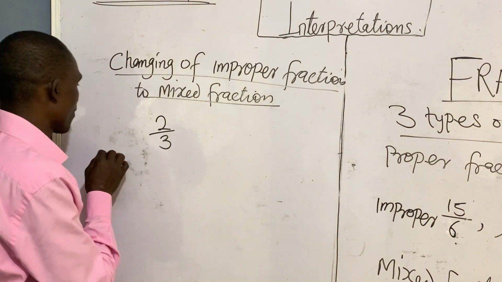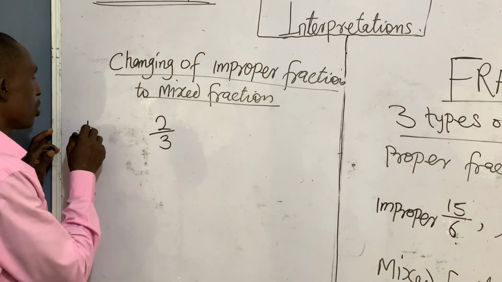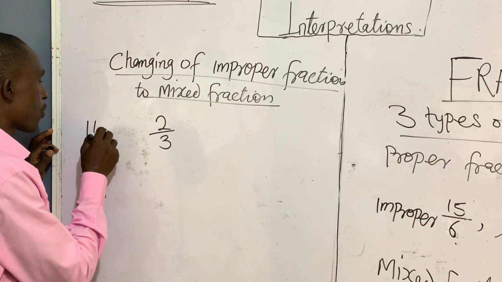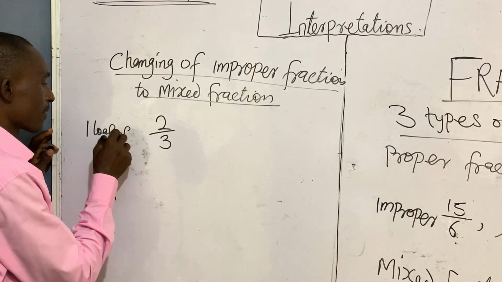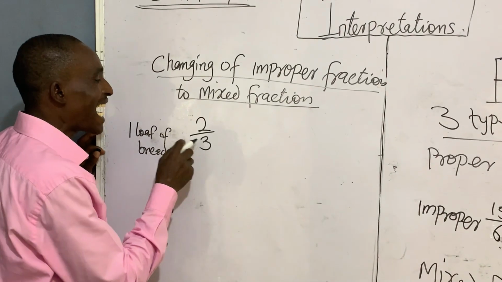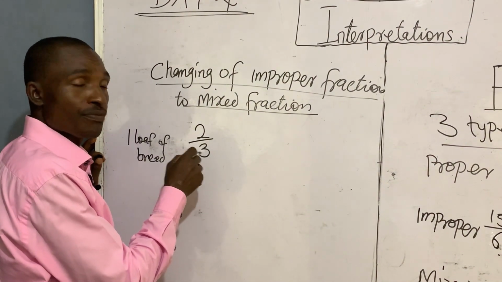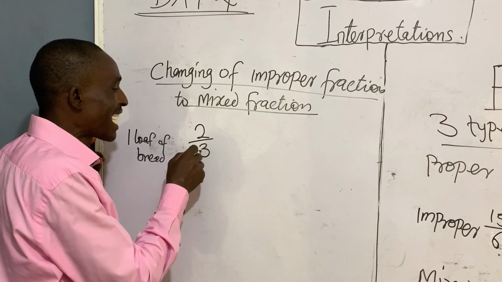We're telling you that one loaf of bread is split into the number on the ground, the number down, okay? It's split into 3.